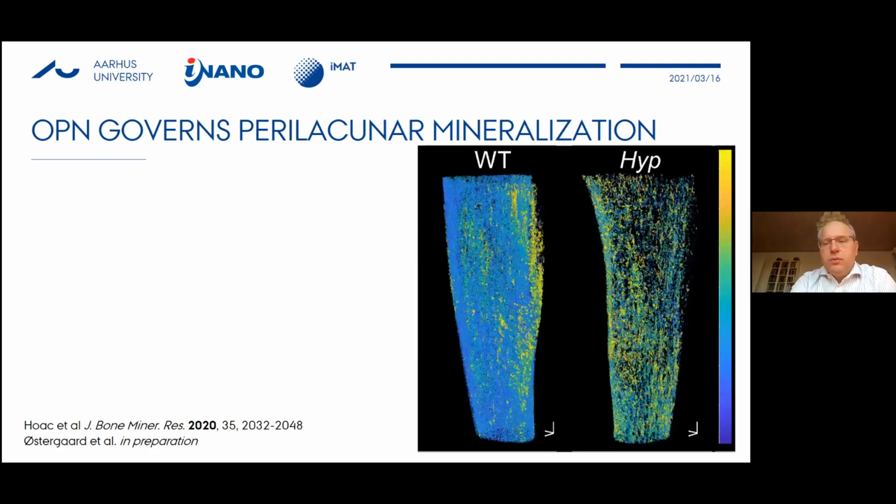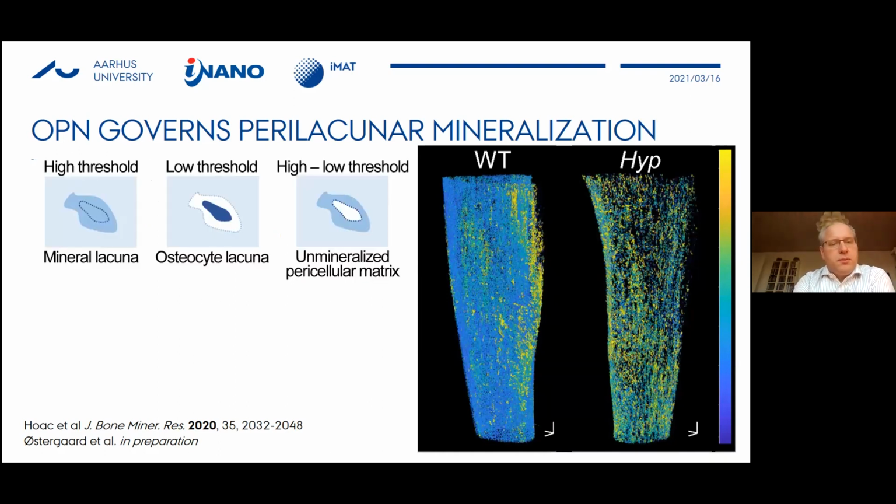So here I show in color the osteocyte lacunae in wild-type mice and in Hyp mice. And you can see in the color scale the size of the lacunae. So we can see that they're really very much enlarged in the Hyp mice. So to quantify this, we did an analysis that allowed us to extract the osteocyte lacuna itself and the surrounding region around it that we term the unmineralized pericellular matrix.